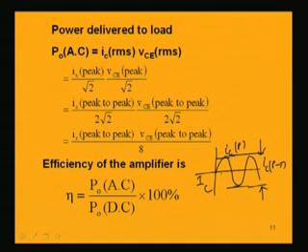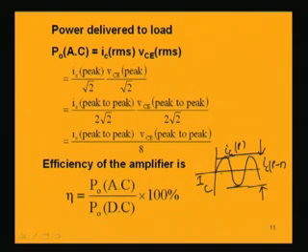Now, in order to find the efficiency of the power amplifier in class A operation, we find the ratio between the output power and the DC input, because we are feeding a DC input, and how much power we get at the output.